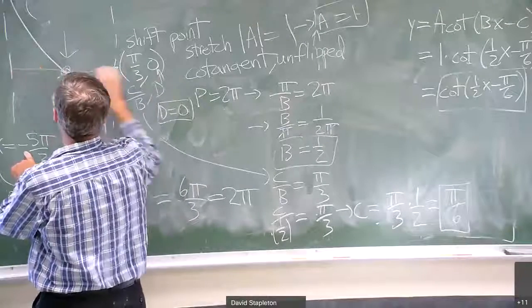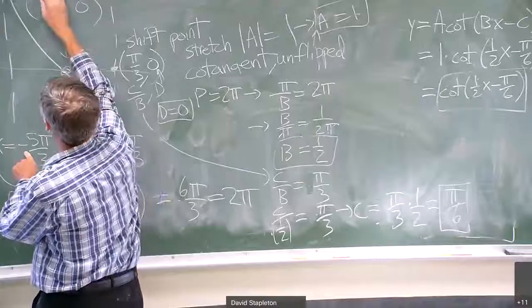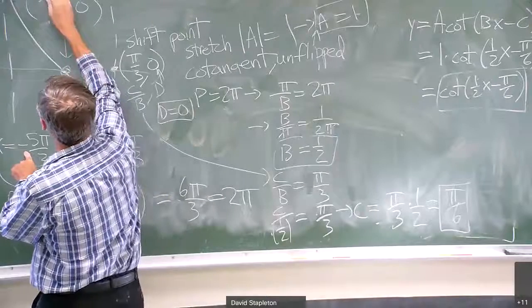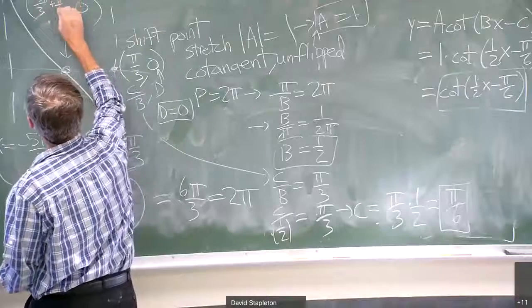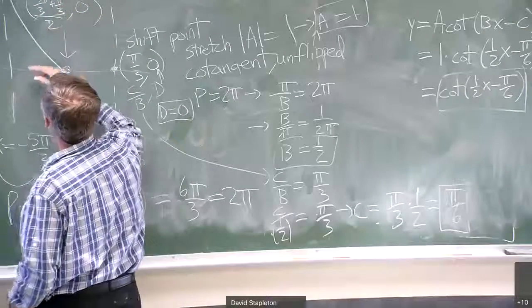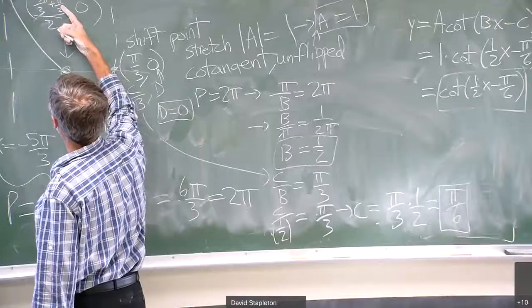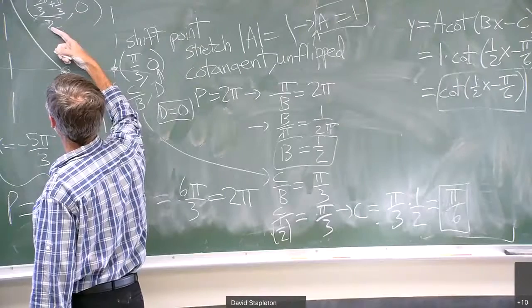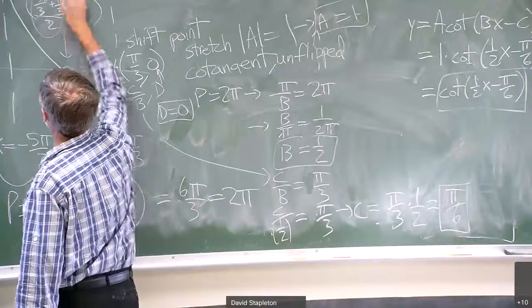It's on the x-axis, so the y-coordinate is 0, but then you get -5 pi over 3 plus pi over 3, all over 2, is this one. That gives you -4 pi over 3 over 2, which is -2 pi over 3.